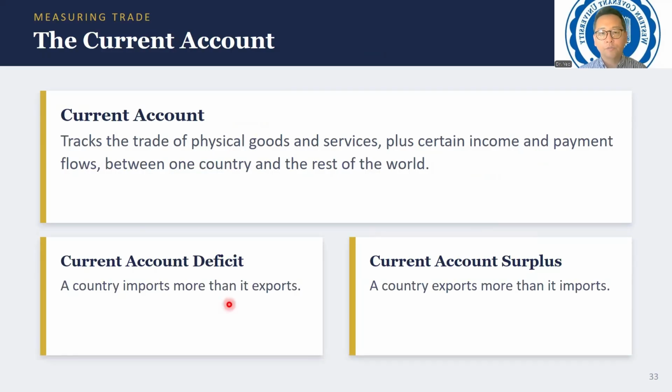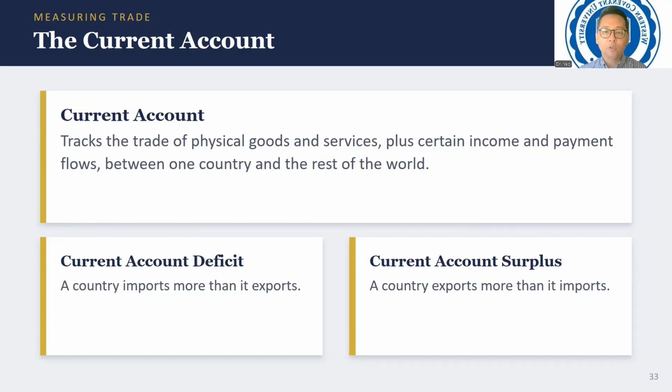The current account tracks the trade of physical goods and services, along with certain income and payment flows between a country and the rest of the world. This is the account you hear about most often in the news. When a country imports more than it exports, it runs a current account deficit.